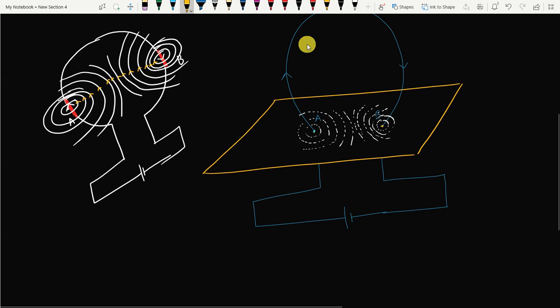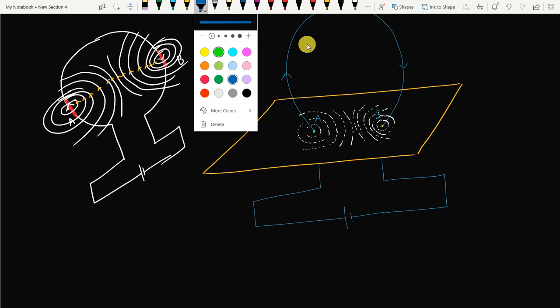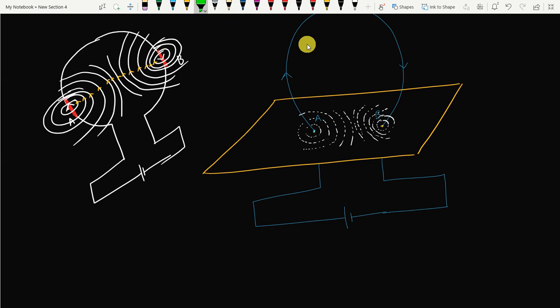Now please try to analyze this diagram. If you look at the inner part of the circle, all the magnetic lines are in one direction.